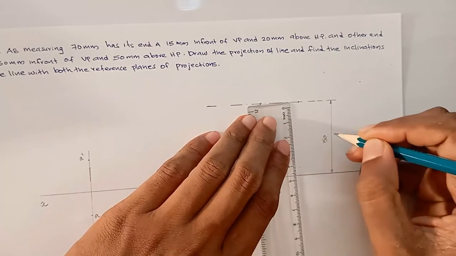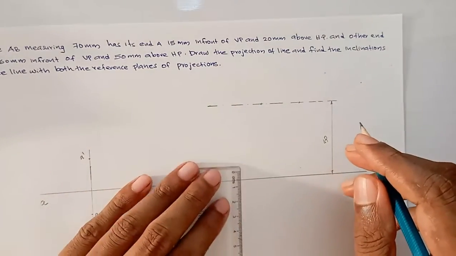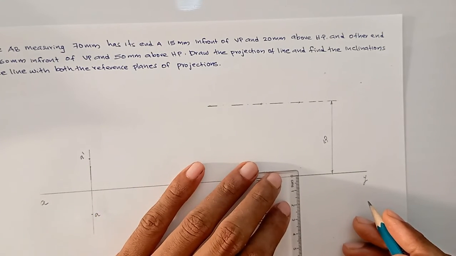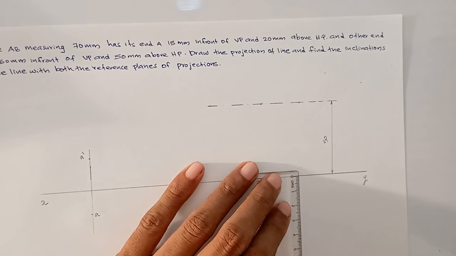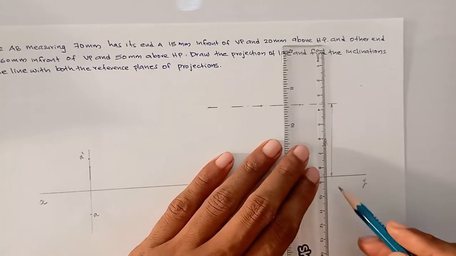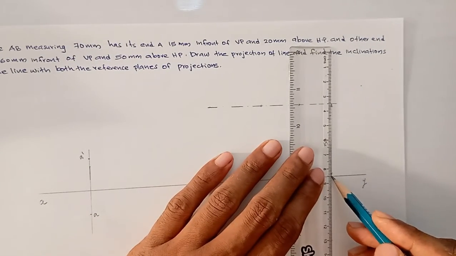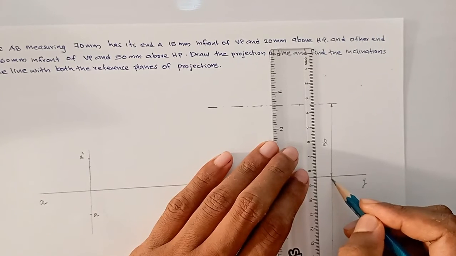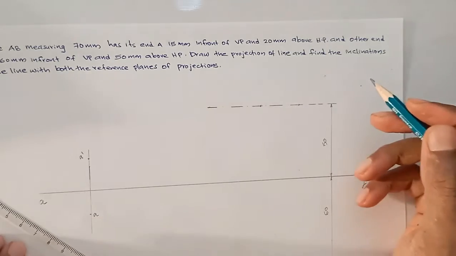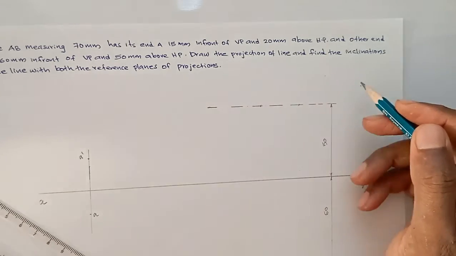And 60 mm in front of VP, that is below the XY line. This is the location line, and this is 60 mm. First you have to make the line parallel to VP, like here.